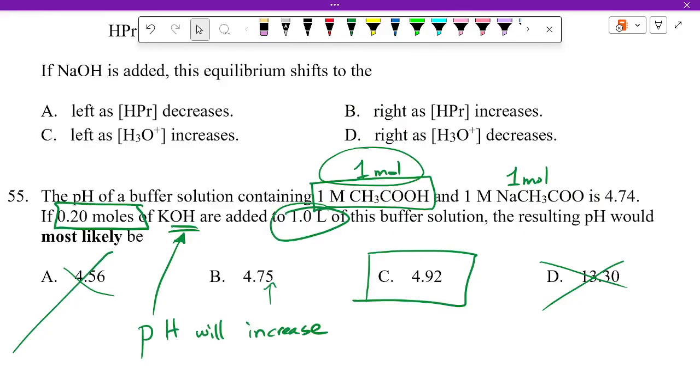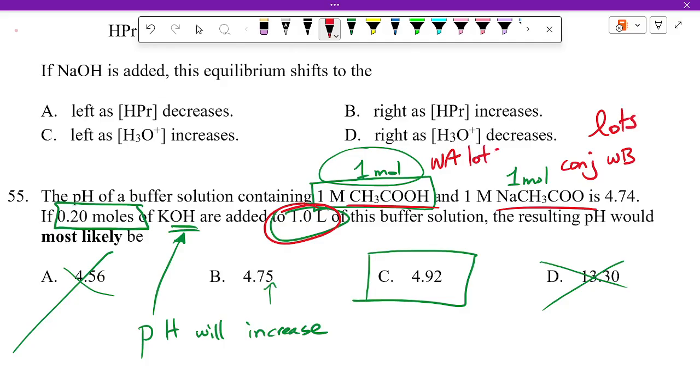We did. So what we have is a buffer solution, because we've got a weak acid and its conjugate weak base, and they are both at, if we say we've got 1 liter, then 1 mole of this and 1 mole of that. So that means we have lots of weak base, lots of CH3COO, and we add 0.2 moles, which is significant compared to 1 mole, but not going to overwhelm 1 mole.